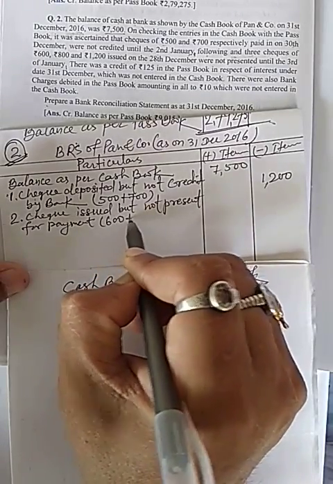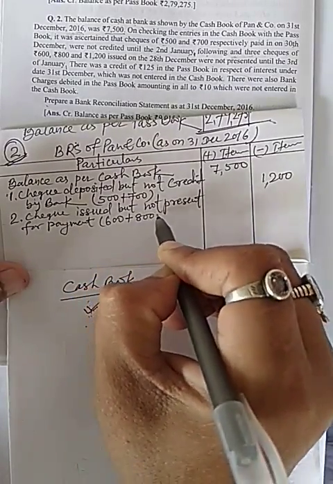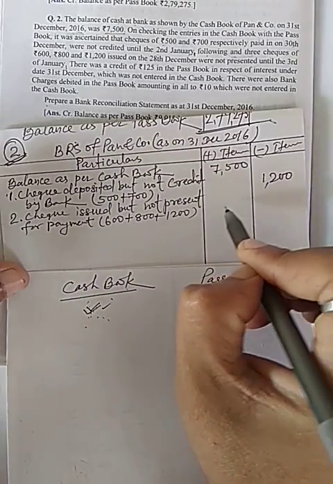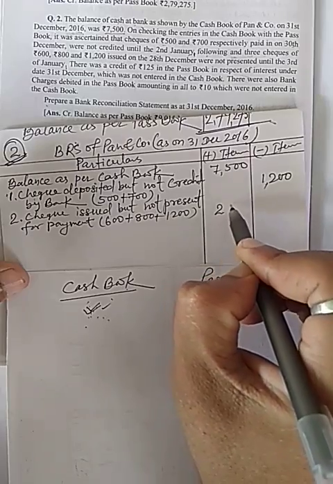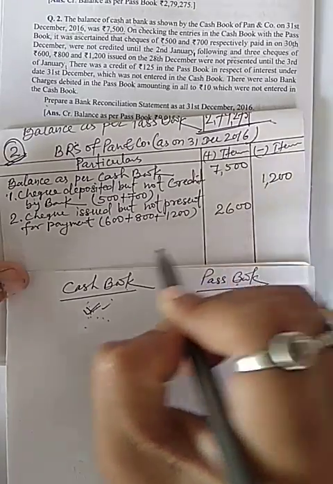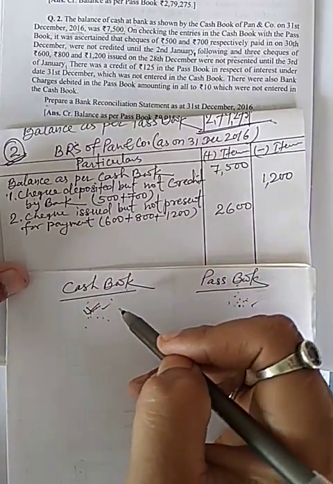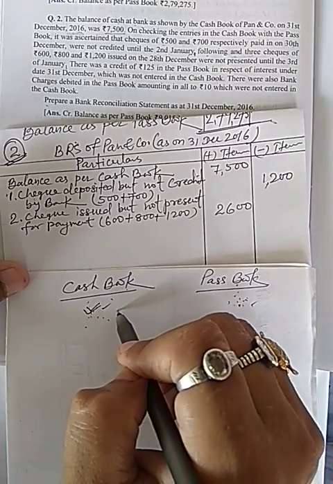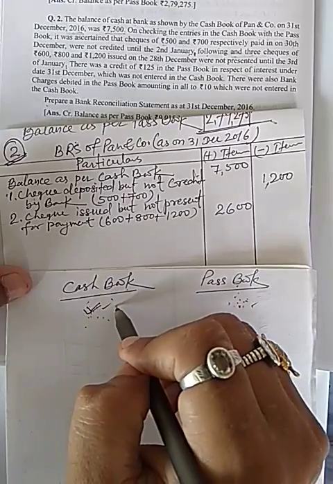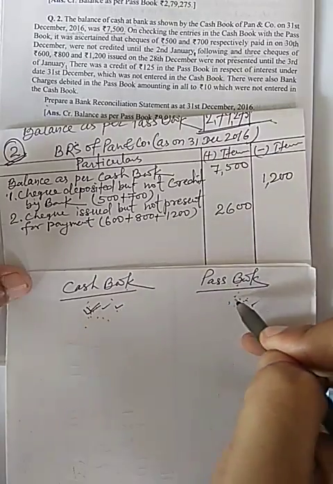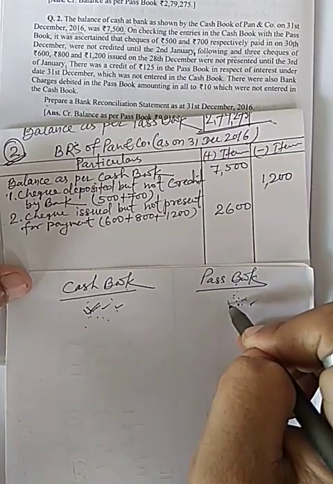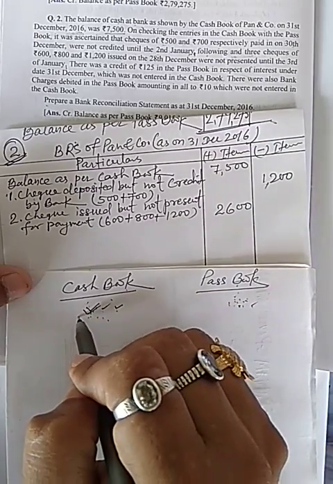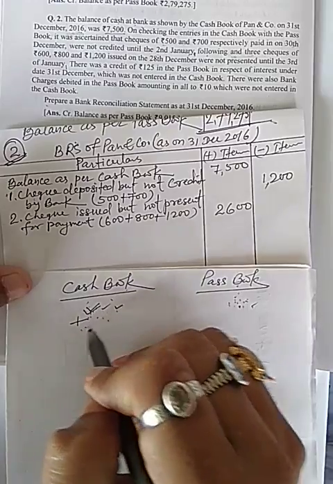600 plus 800 plus 1200. Total will be 2600. It will be on the plus side because checks issued, then our cash book will decrease, but not presented, then our passbook will increase. So we have to add in cash book.